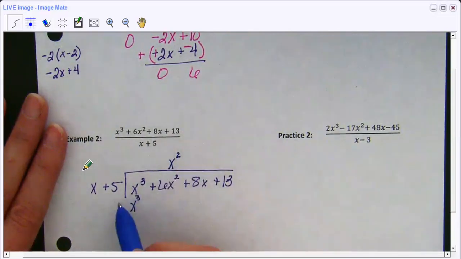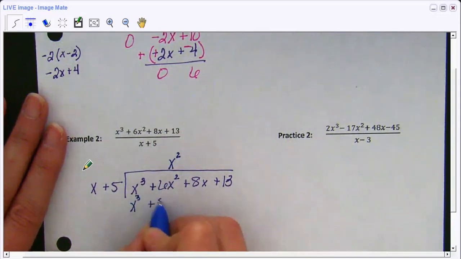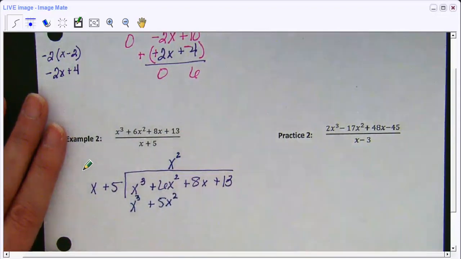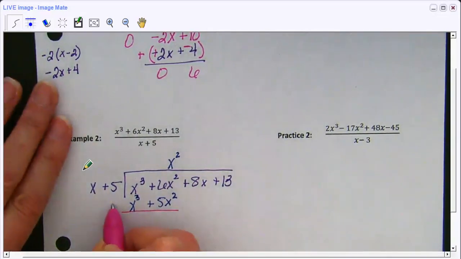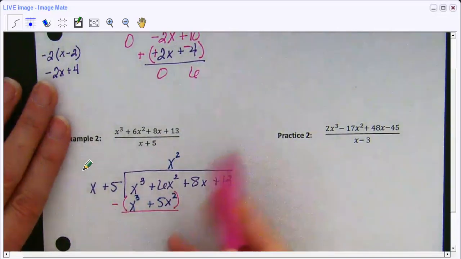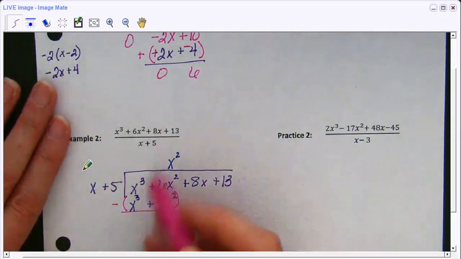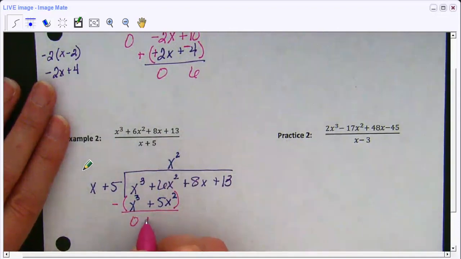X squared times 5 is 5x squared. And now I'm going to subtract it. So x cubed minus x cubed is 0. And then 6 minus 5 is just x squared.